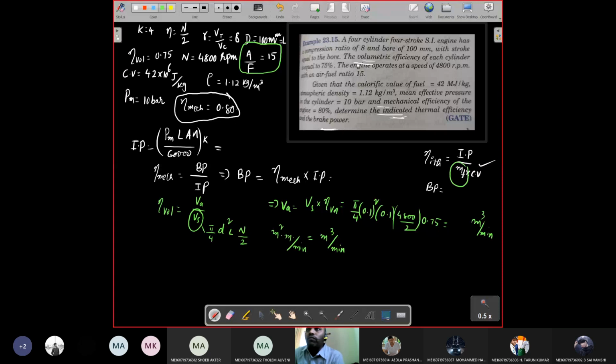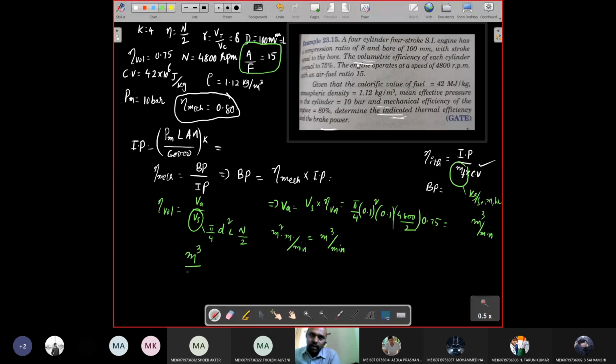But I require mass of fuel in terms of kg per second, minute or hour. Always mass flow rate should be on a per time basis. Then how to convert meter cube per minute to kg per hour?